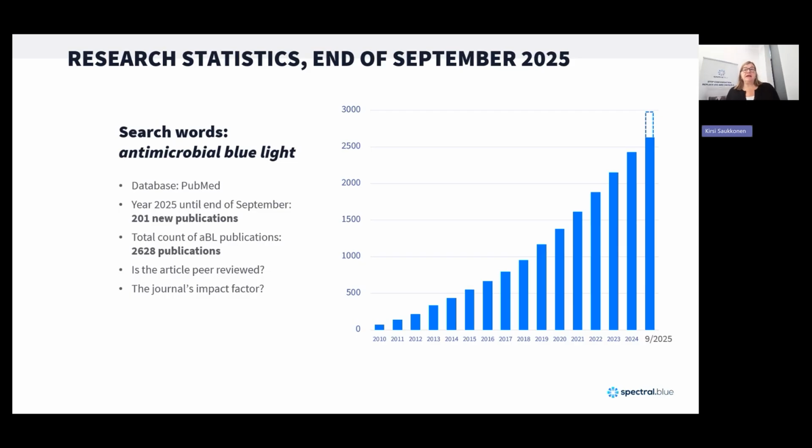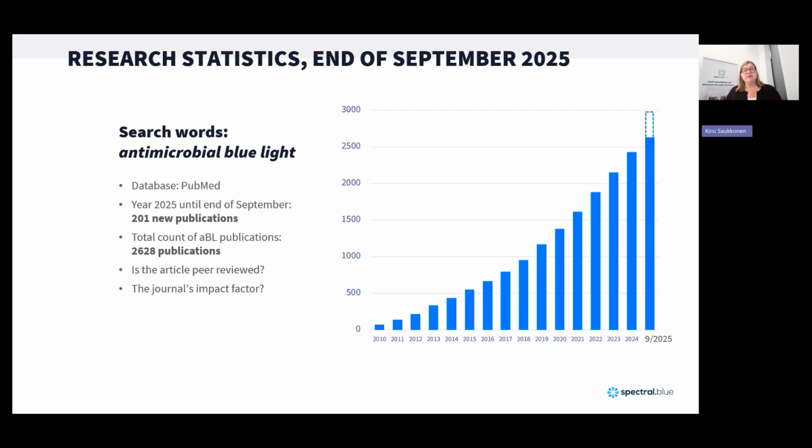And then the thing that helps you in dealing with these articles is, of course, you have to have the right search word. Antimicrobial blue light is one. Then, of course, your microbe in question, and the hygiene standards and so forth.